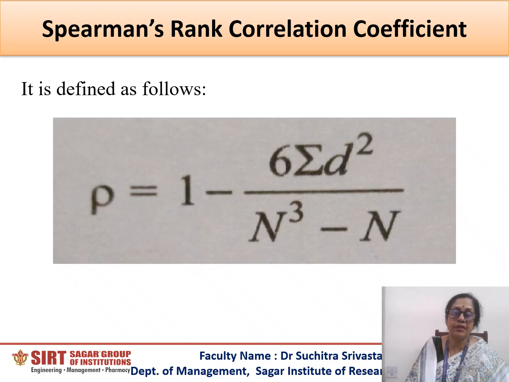So rho, or capital R, is given by 1 minus 6 summation d square upon n cube minus n. What is d? d is the difference in ranks of variable 1 and variable 2, so d is equal to r1 minus r2. What is n? n is the total number of paired observations.